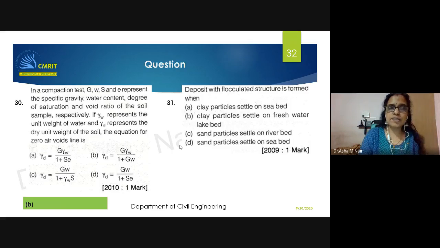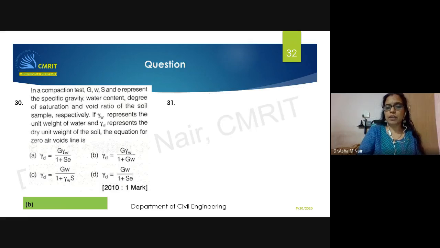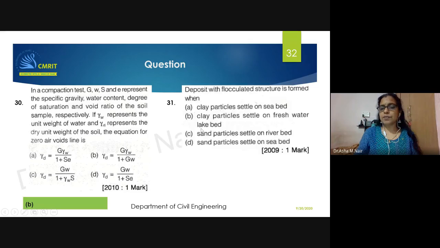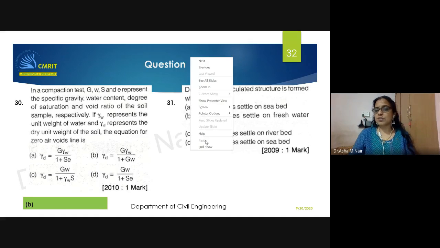Since the seawater has a salt content, it will have a charge, and the moment you put the soil into such water, it will automatically get polarized. And the moment it gets polarized, the bonds will be developed in such a way that they will be from edge to corner and so on.